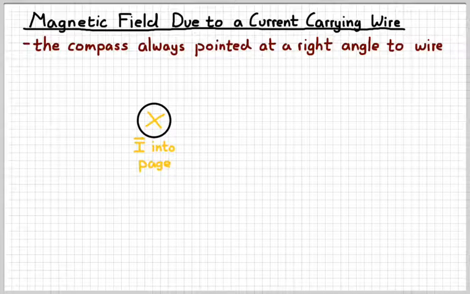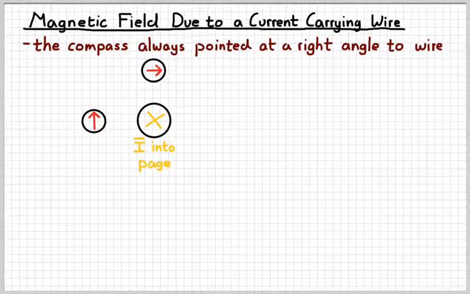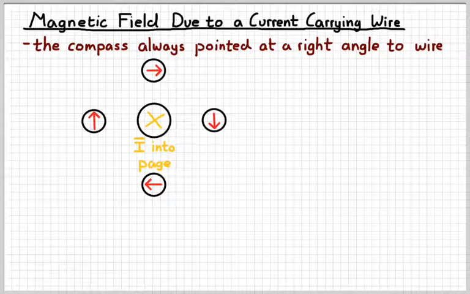You can imagine there's a wire going into the screen, like you're looking at it from behind, and the current is going into the screen. I can represent an arrow moving into the page with an X. What he discovered was that a compass placed over here would point upwards. A compass put above the wire would point to the right. A compass placed to the right of the wire would point down, and a compass put below the wire would point to the left.